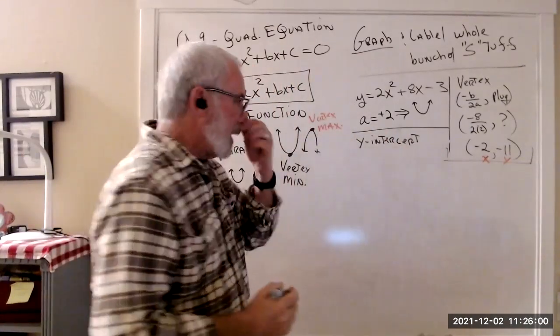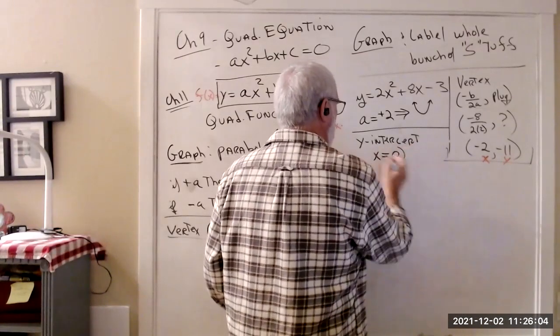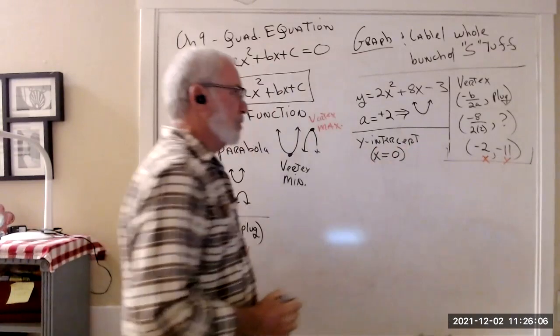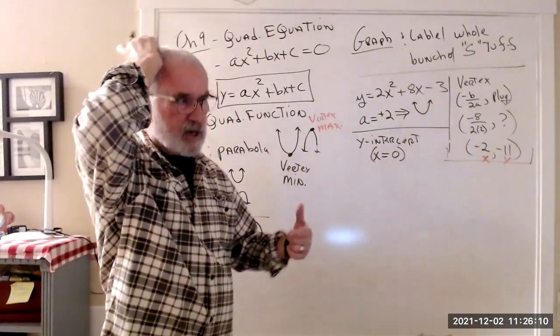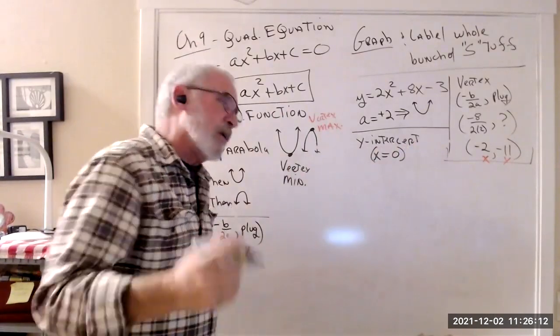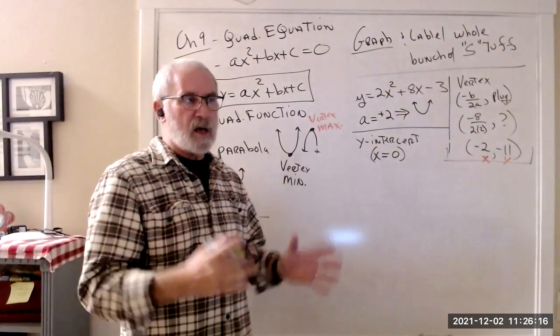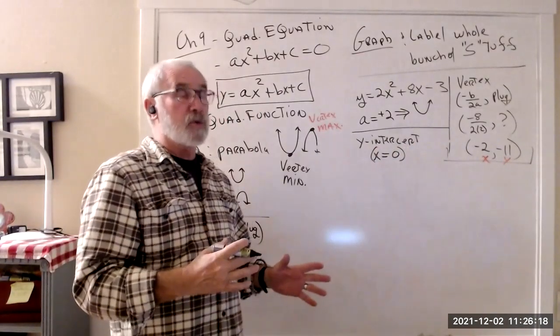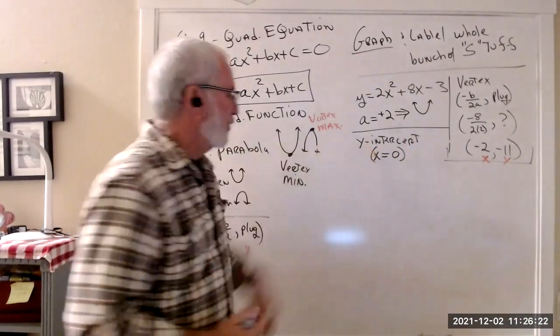To find the y-intercept, remember that always means x equals 0. To find the y-intercept, you set x equals 0. Now, we were doing this way back in chapter 2, when we were doing straight lines to find the y-intercept.